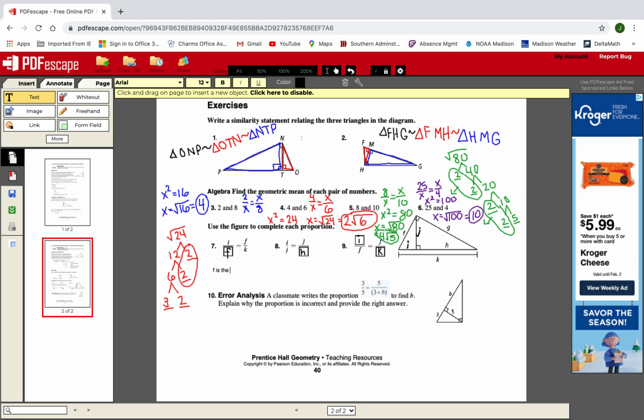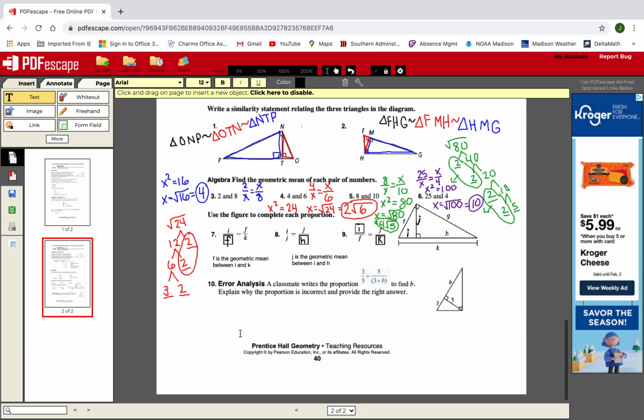F is the geometric mean between I and K. And over here, J is the geometric mean between I and H. And then 9 is basically saying the exact same thing as number 7, so I don't need to type that again.